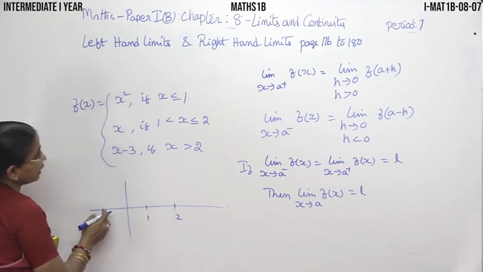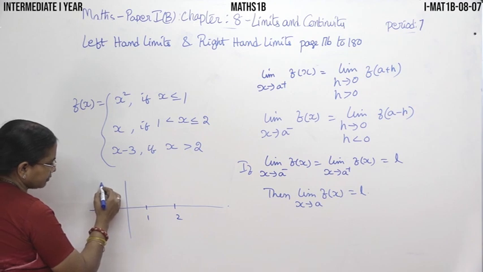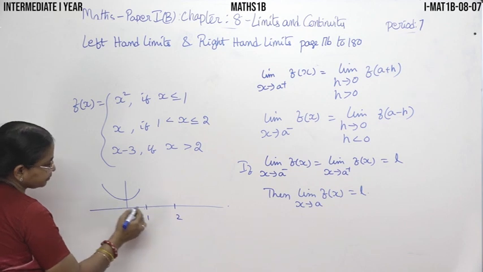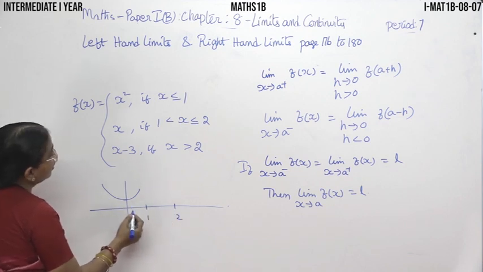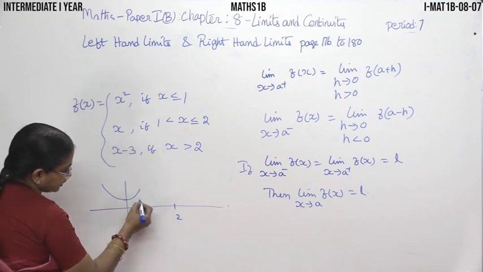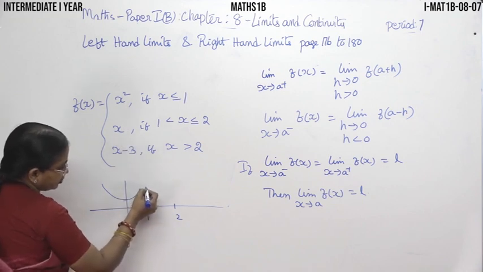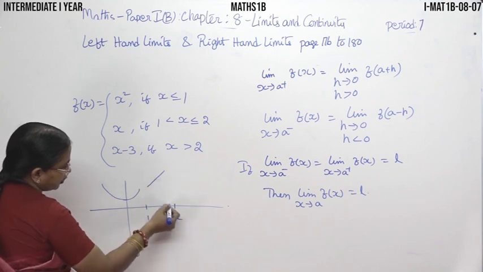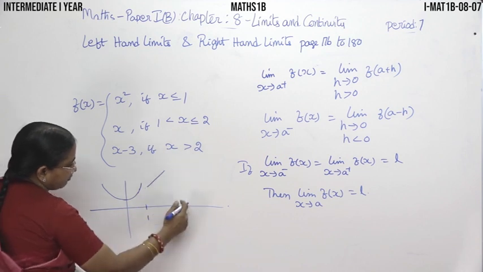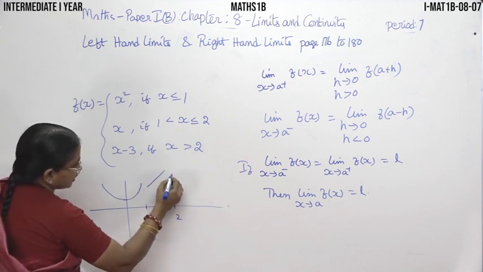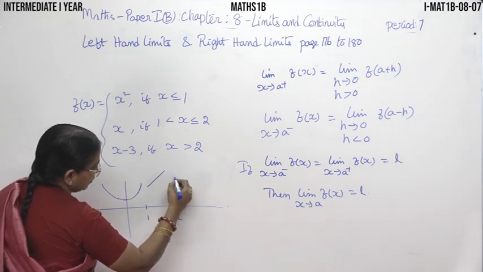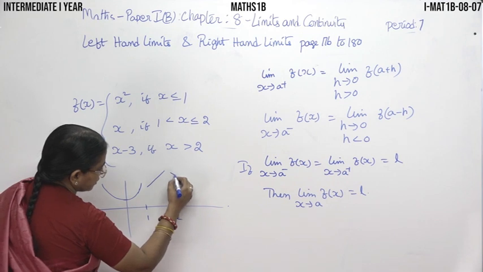Till 1 you will get a parabola-like curve. Between 1 and 2, it is a line passing through the origin, like this. And then greater than 2, it is a line y equal to x minus 3, some line like this.